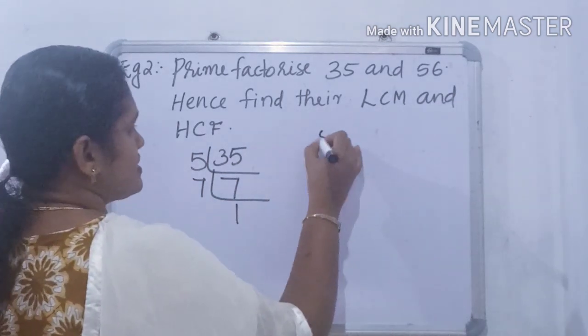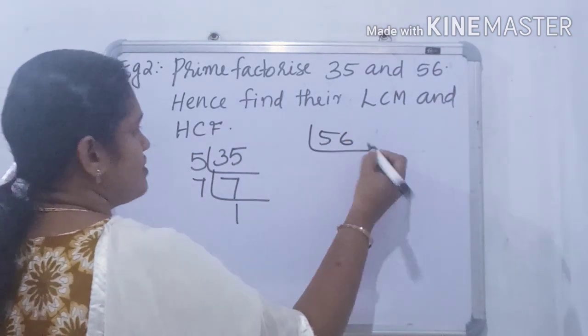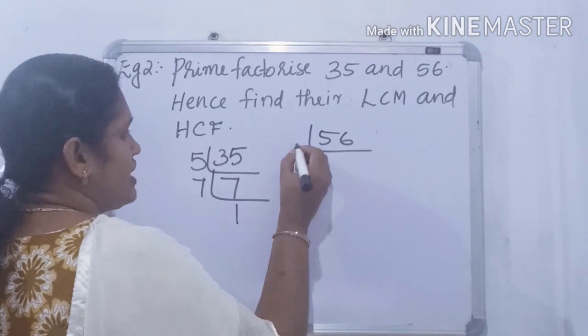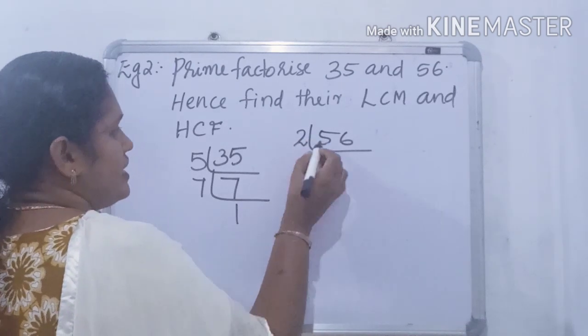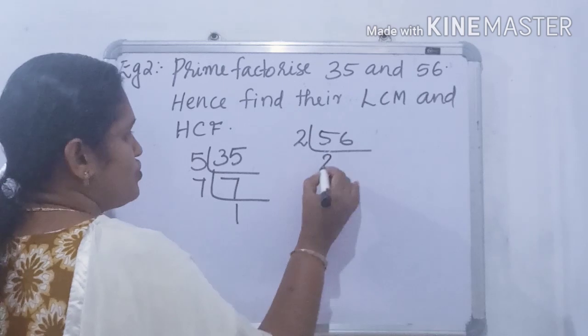Then 56. 56 is an even number. It is divisible by 2. In 56, how many times? 2 2s are 4.